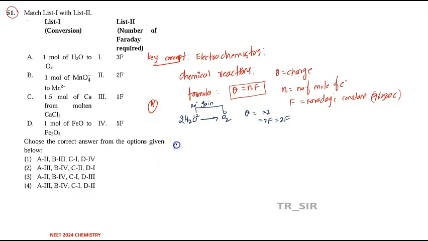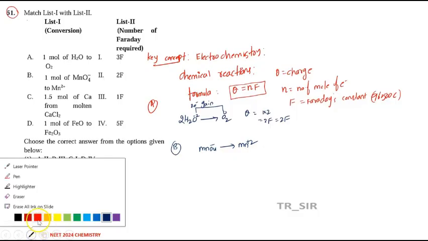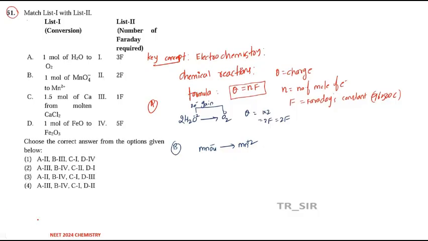If I see the second statement, 1 mole of MnO4 minus converting into Mn2 plus. Here we need to find the oxidation state of manganese in permanganate.